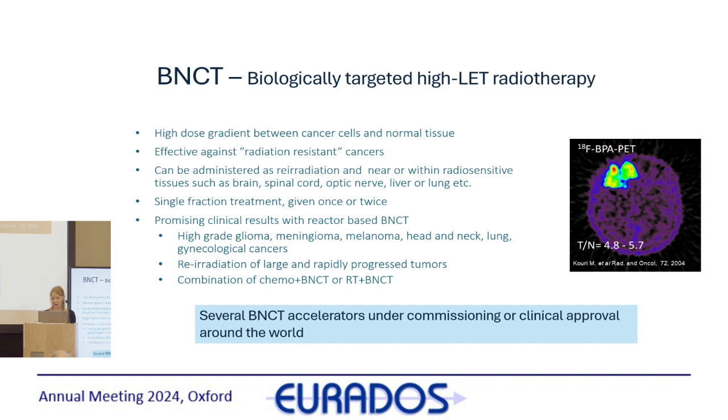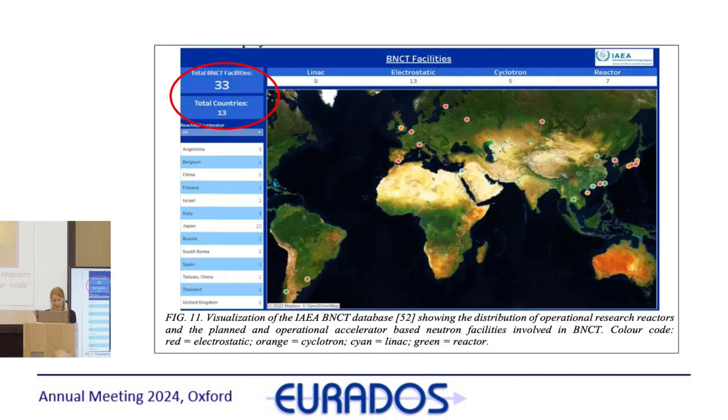At the moment, several BNCT accelerators are under commissioning or under clinical approval around the world. Here I have this map from IAEA, not a very pretty map necessarily, but all those colored dots show all 33 BNCT facilities that are either under construction or under operation in the world.